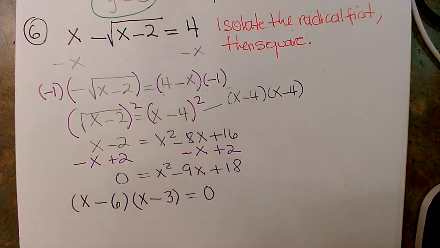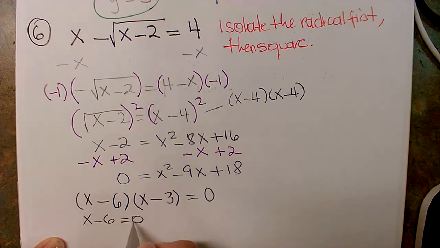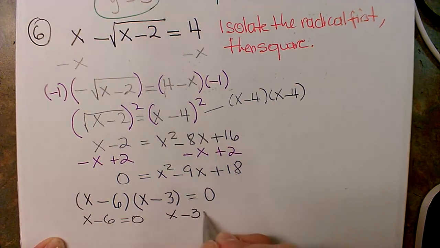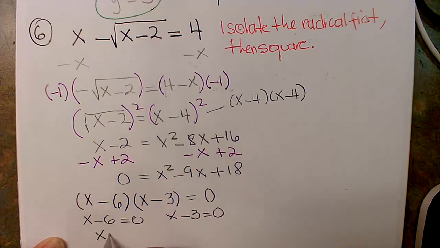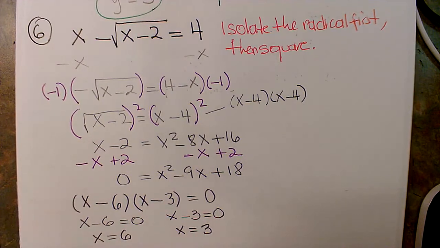Perfect. So what do I have? x minus 6 equal to 0, x minus 3 equals 0. x is equal to 6, and x is equal to 3. But now we need to check both of them.